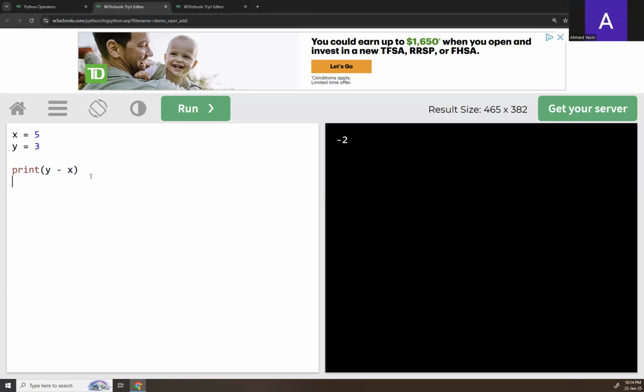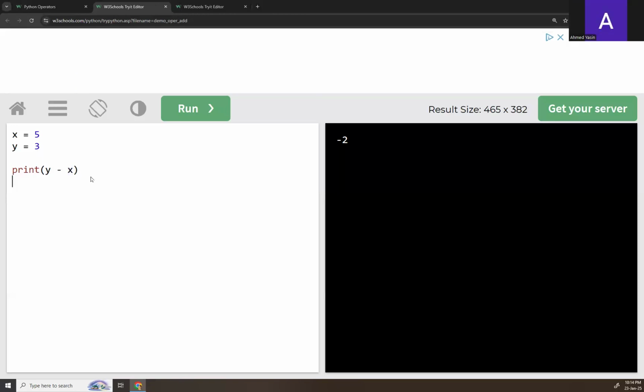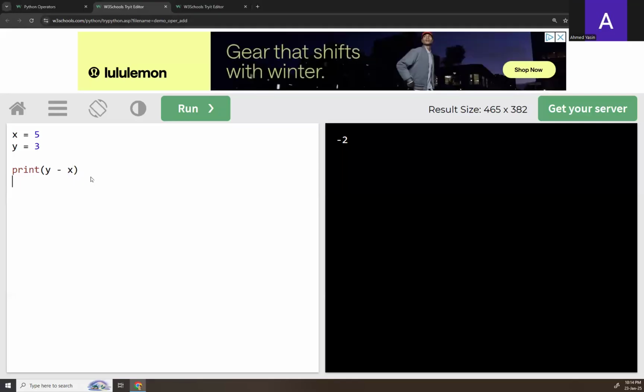Because 3 isn't big enough to take 5 and count the remainder, so instead it's going to make it negative. I think so.